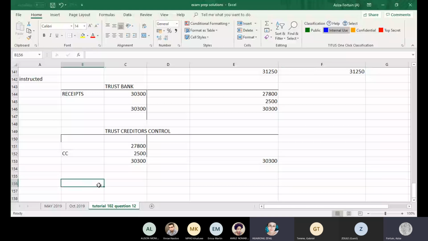For the client ledger, on the debit side, we debit fees 2,850, and the debit tracing fee 400, and the debit share fee 200.